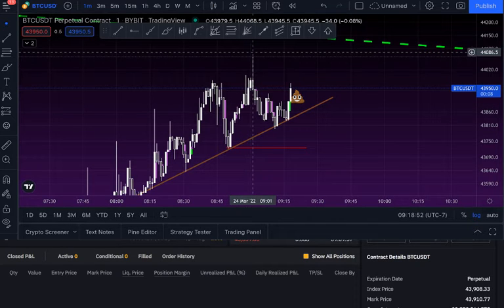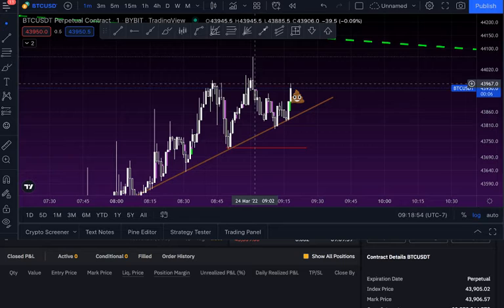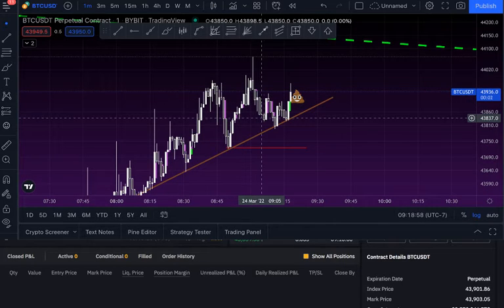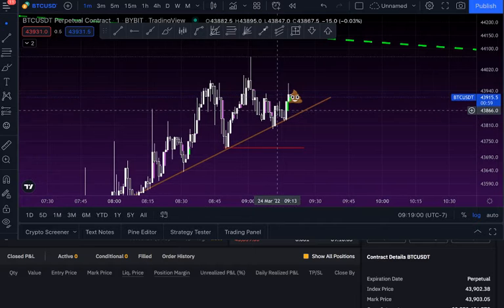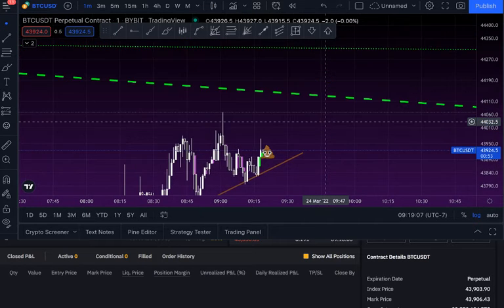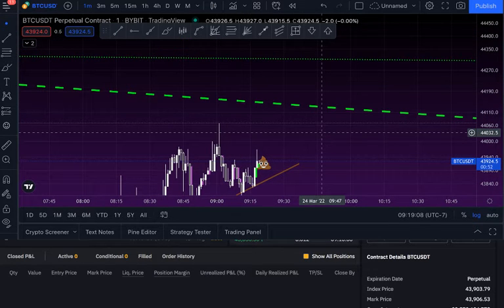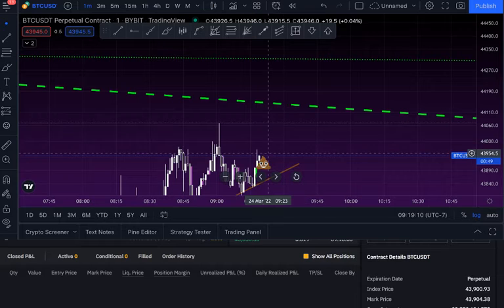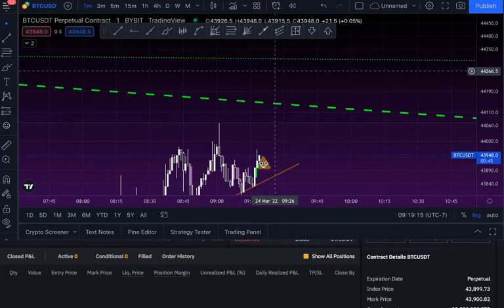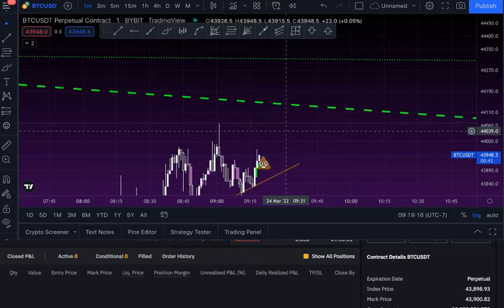And now on a retrace of that move, what we're looking for is to find a bottom for a move again to break the highs. The standard deviation is quite close, so I actually expect we could make a run of it. It's kind of like a magnet at this point.